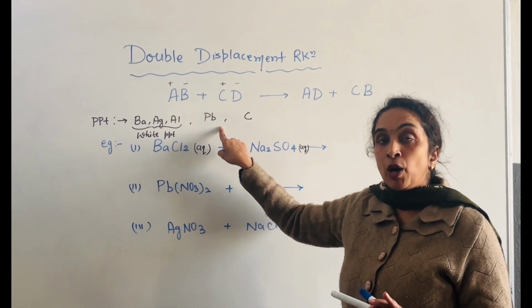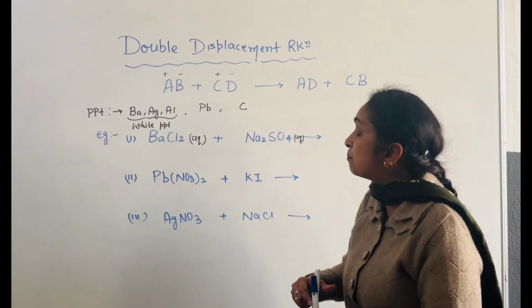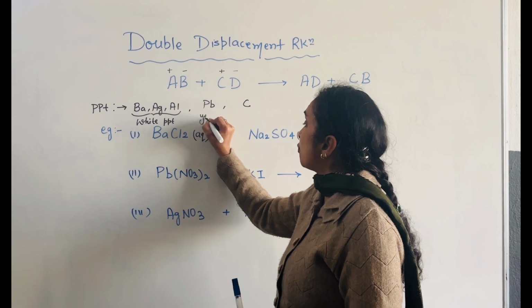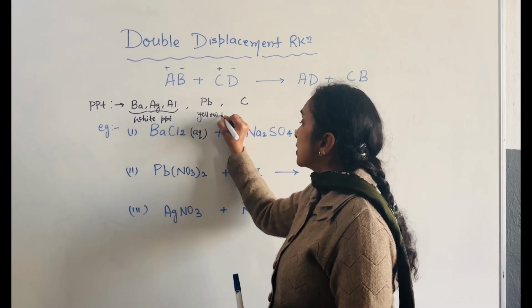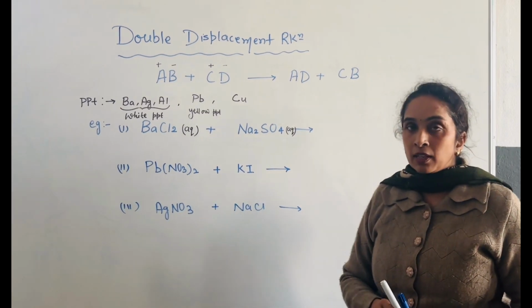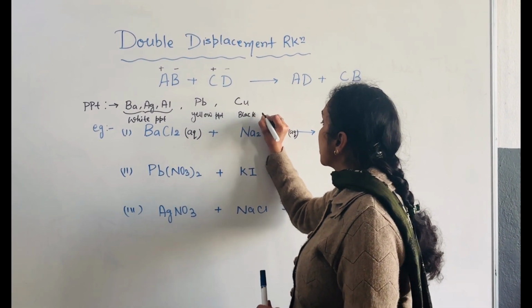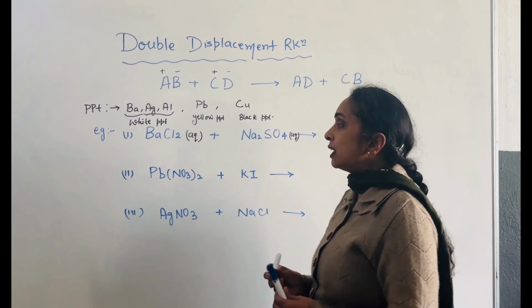Lead: any compound of lead, if given in your exam question, always and always forms a yellow precipitate, and compounds of copper form a black precipitate. This is the trick, so you can easily solve it.